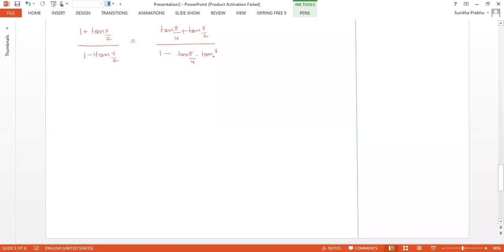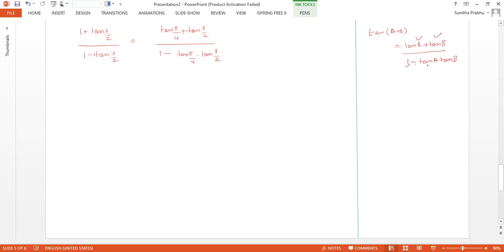Oh, okay. That's a step I didn't get. Because what we are telling is this is like adjusting, right? I know tan of a plus b is tan a plus tan b over 1 minus tan a tan b. So by writing this as tan pi by 4, we got this form. 1 minus is also there.